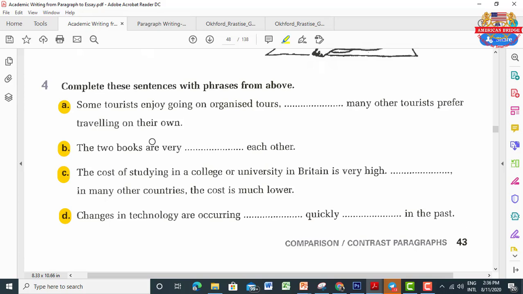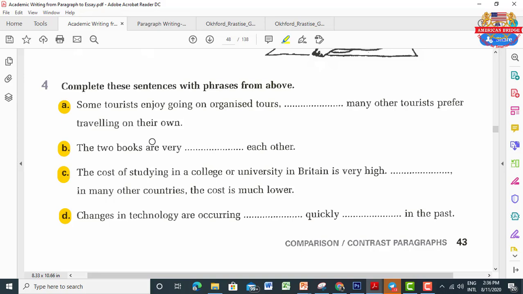The first one: some tourists enjoy going on an organized tour. Many other tourists prefer traveling on their own. So an organized tour means it is managed by a tour company that plans and manages a group of people, doing the reservation at the hotel, at the place for eating, and so on.